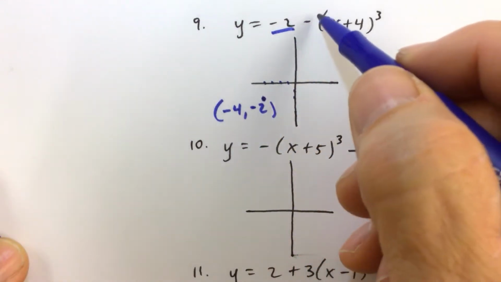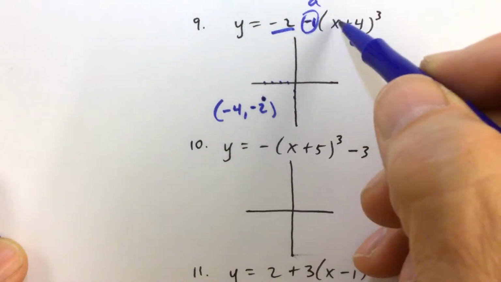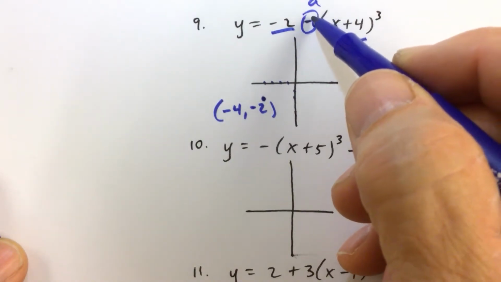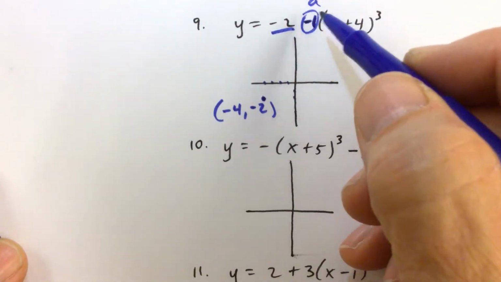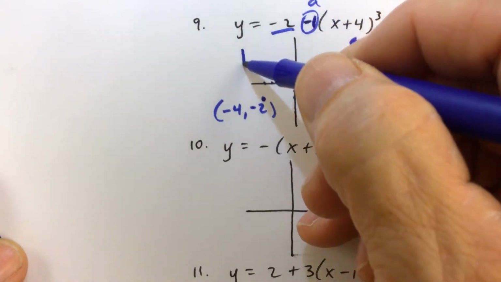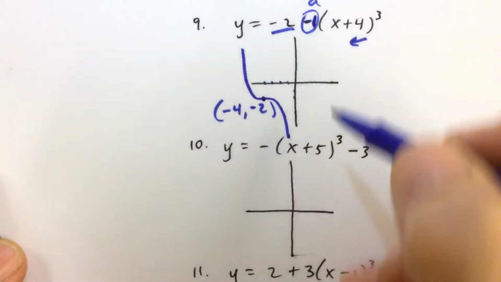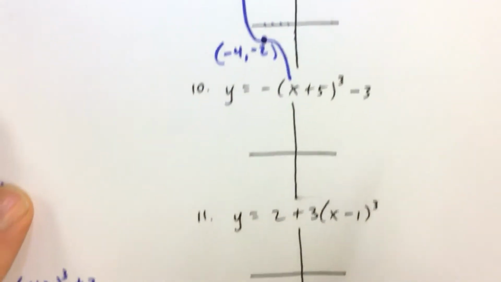And then we have a negative, so a is negative 1. When you have a minus sign in front of the set of parentheses, it's just like having a negative 1 multiplied by. So when you see the minus sign, the 1 is implied. So since a is negative 1, it's a normal width and decreasing from left to right. And there you go. So the inflection point is right there at negative 4, negative 2.